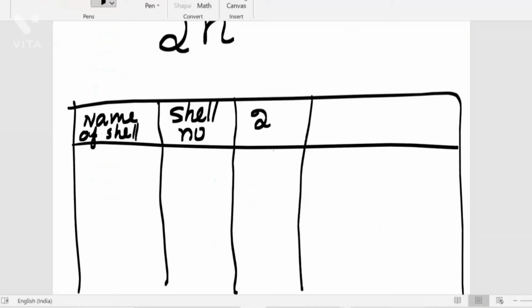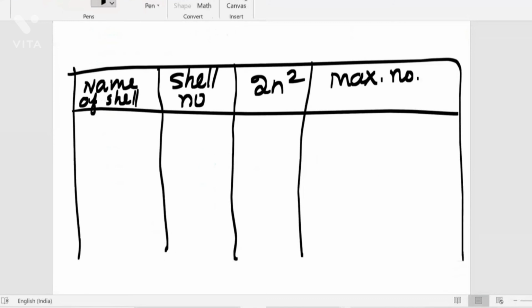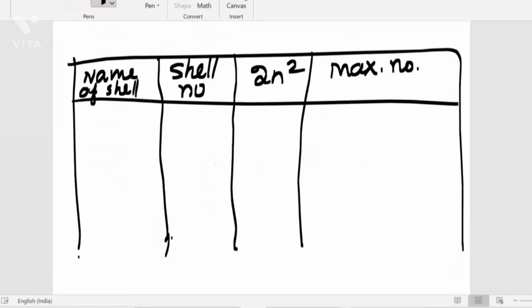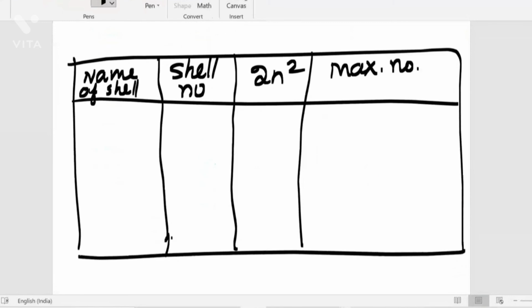Then the formula to calculate is 2n square. And the maximum number of electrons, the capacity, as per the rule, that can be occupied in each shell. With the help of this, you can calculate how many electrons can be occupied.